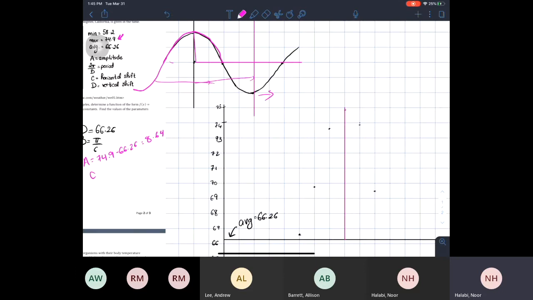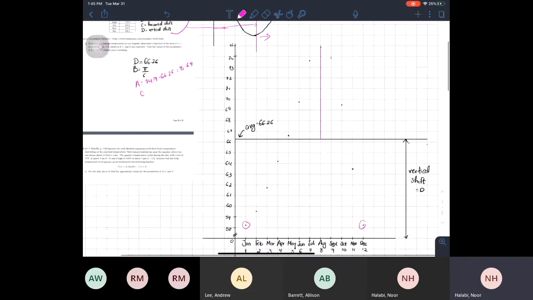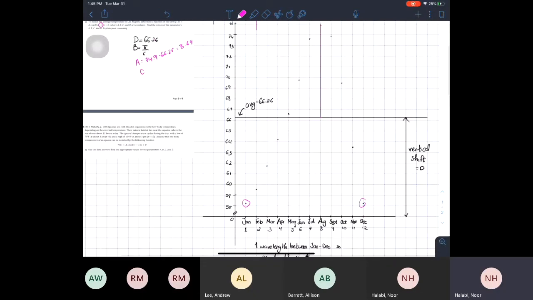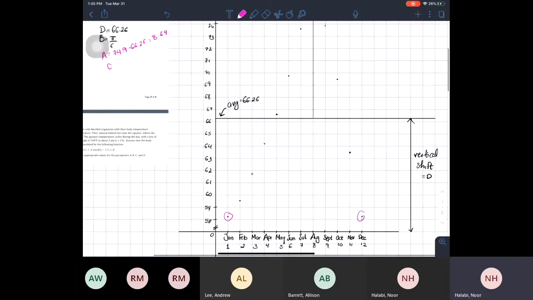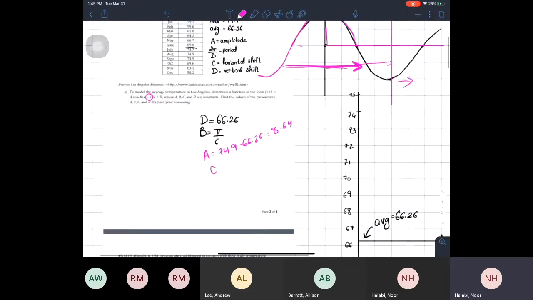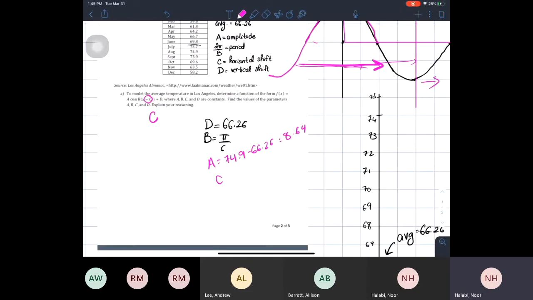First, let's establish that it shifted. If it shifted from here to there, it's obviously shifted right, so that means C has to be a positive number.